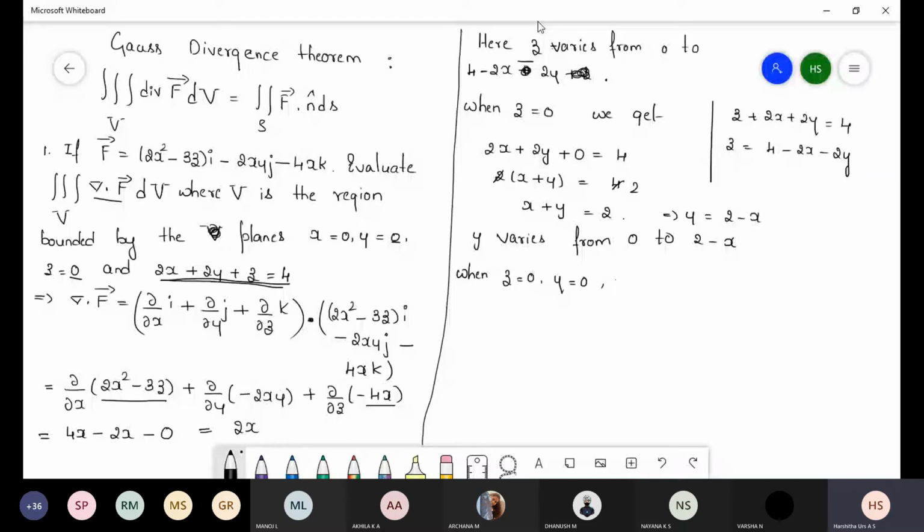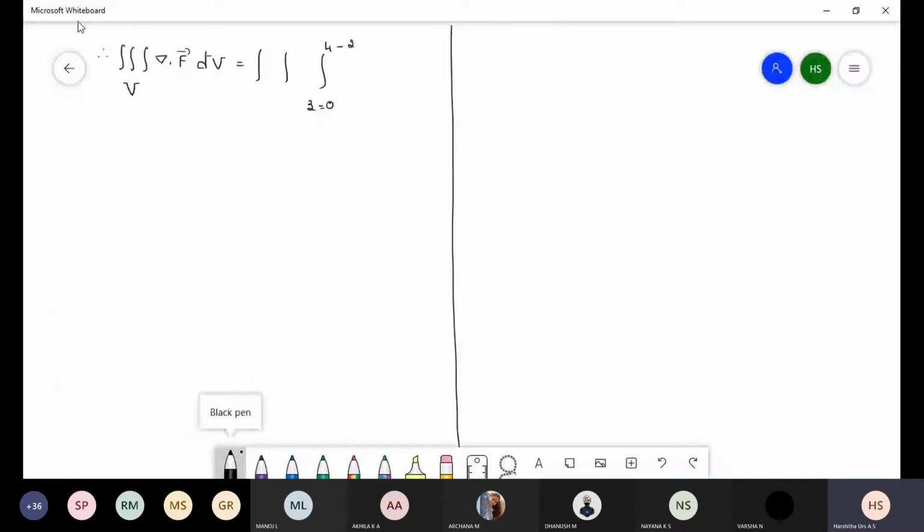Then again we have to substitute z is equal to 0 to get the limits of y. So y is equal to 2 minus x. Now both y and z are 0. At that time we will get the value x is equal to 2.